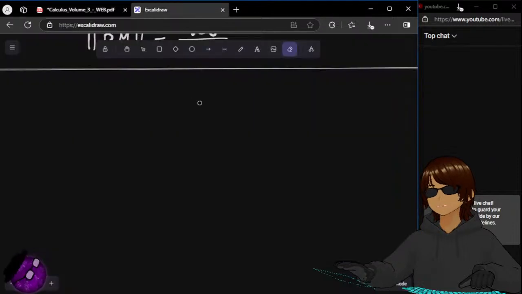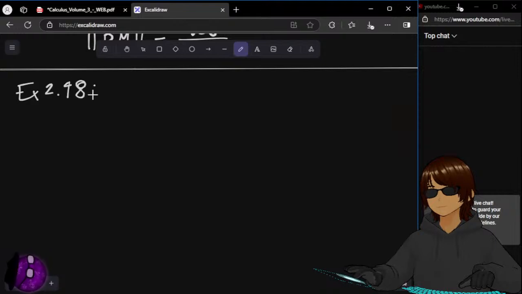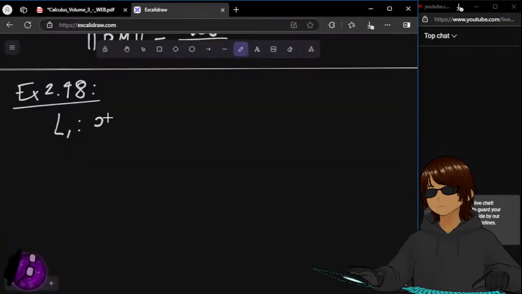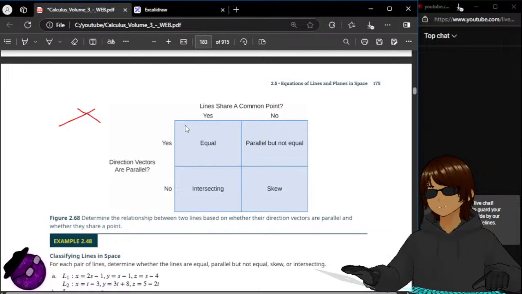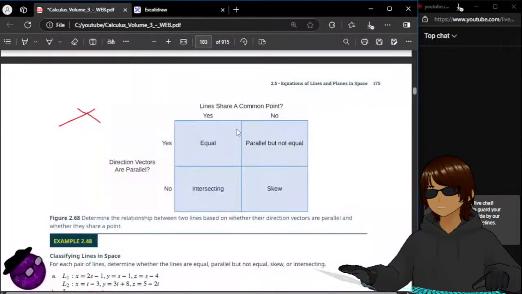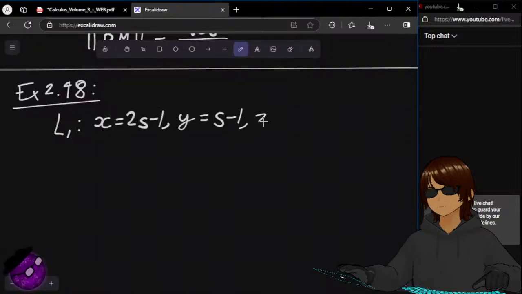So example 2.48. We have L1 as x is 2s minus 1, y is s minus 1, and z is s minus 4.